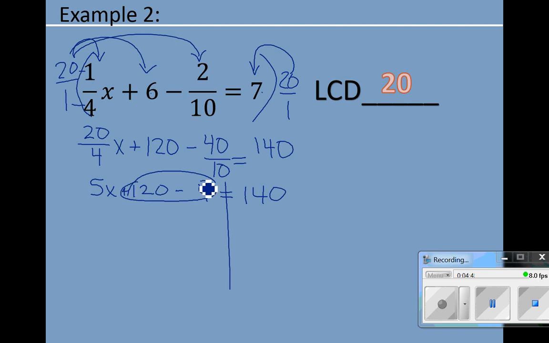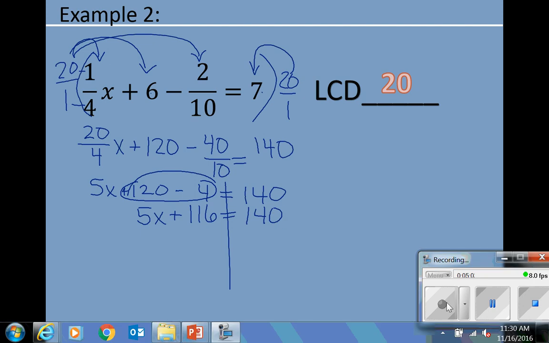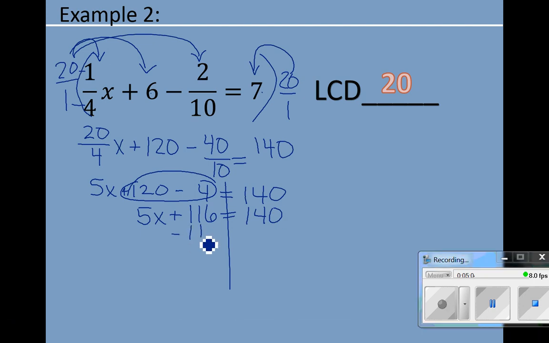So I'm going to bring down the 5x. 140 minus 4 is positive 116 equals 140. Then you have a two-step equation. Go ahead and solve it. Subtract 116 from both sides. 5x equals 24.